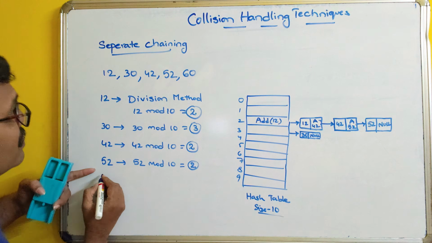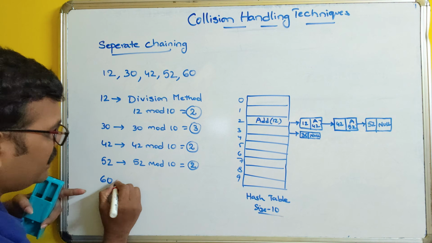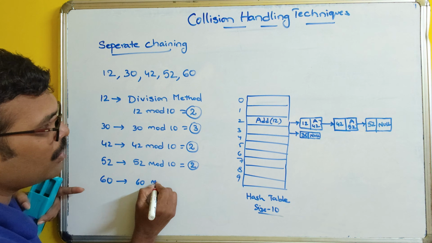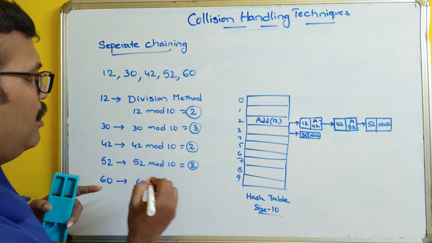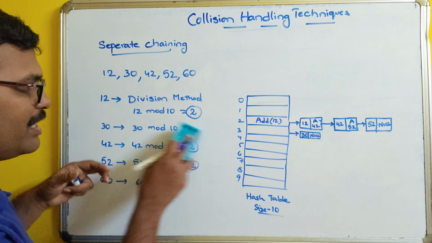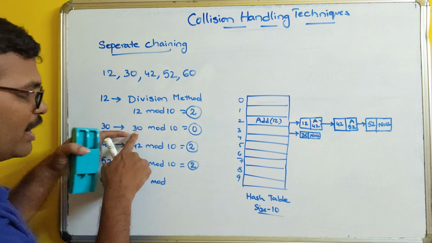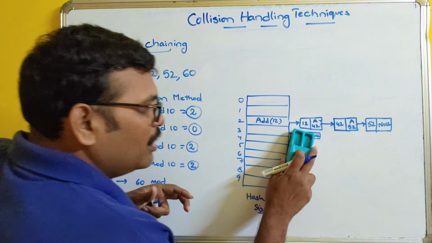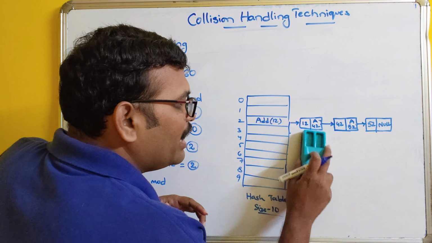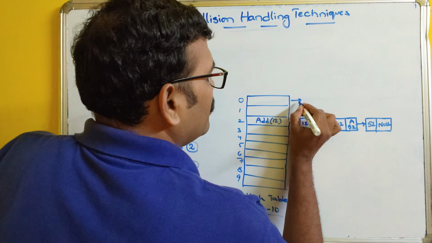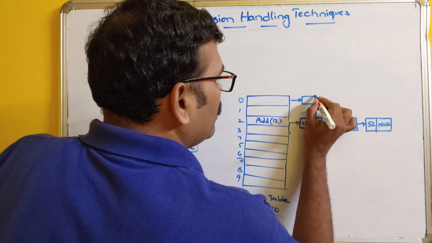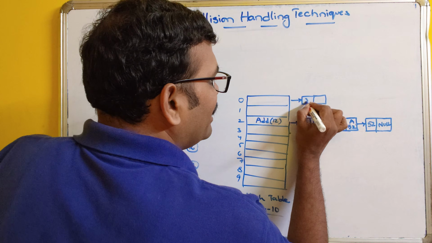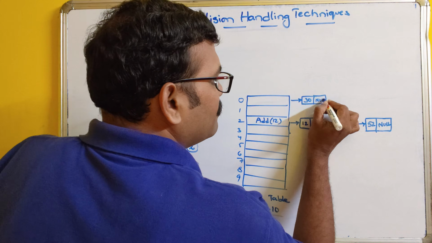Next, 60. Sorry, here I think it's not 3, it's 0, right? 30 mod 10 is 0, so this node will be created here. I'm extremely sorry for that. So 30 and it is null.